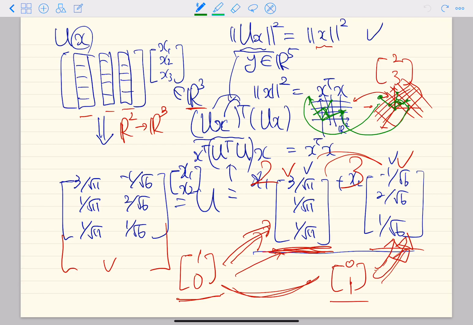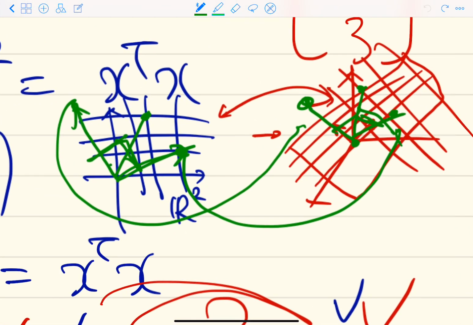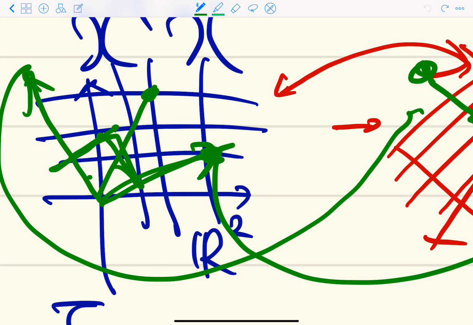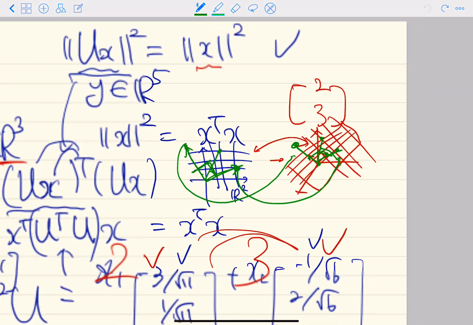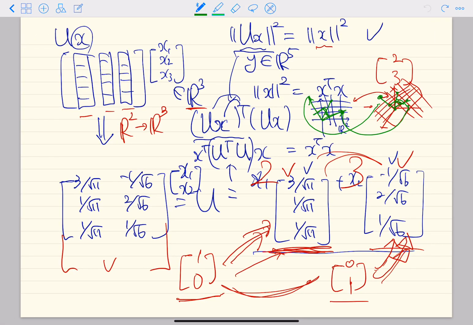So if you remember, we start with this regular grid, which is written in blue, and then our new basis, which is each of the columns in our U, in this column combination perspective.